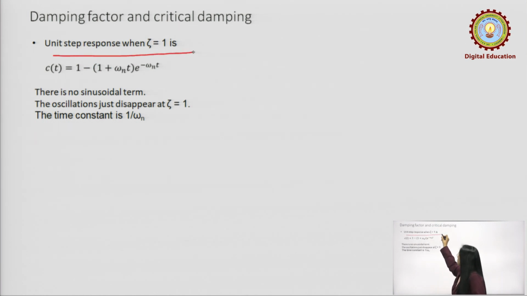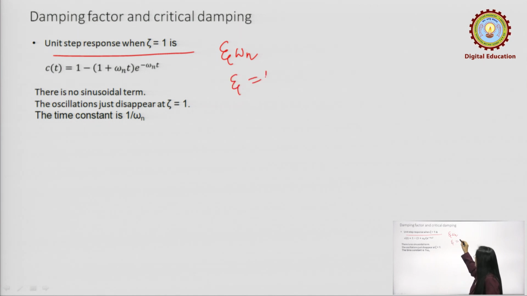So, what can we infer here? There is no sinusoidal term and the oscillations just disappear when zeta is equal to 1. So, that is why it is known as the case of critical damping. And what about the time constant? Damping constant is zeta omega n, and zeta is equal to 1.